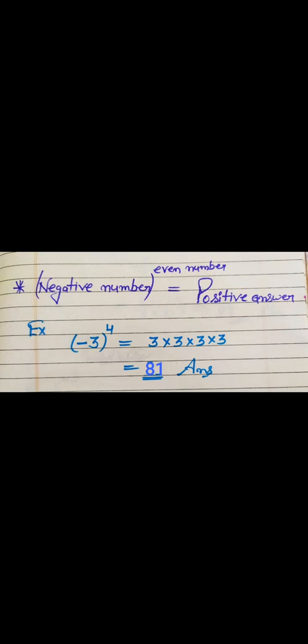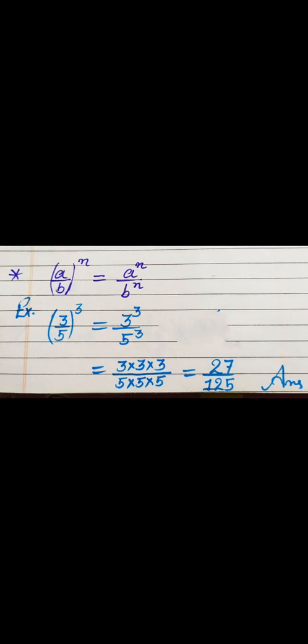Now next is, if there is a rational number a upon b with a whole power n, then this power n applies to both the numerator and the denominator. When you simplify this, it can be written as a to the power n and b to the power n.